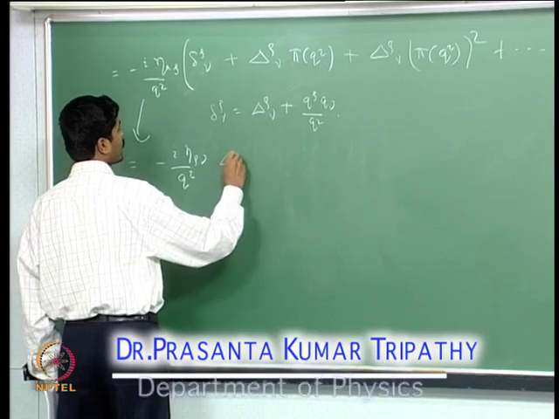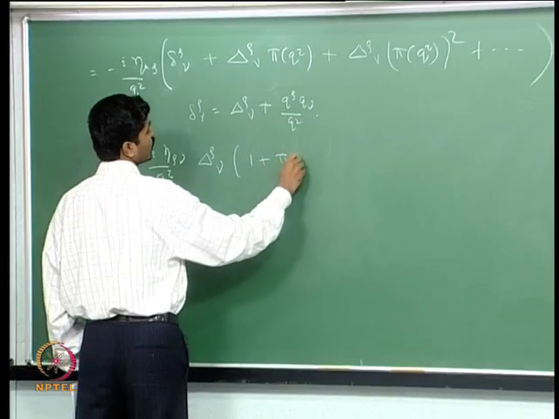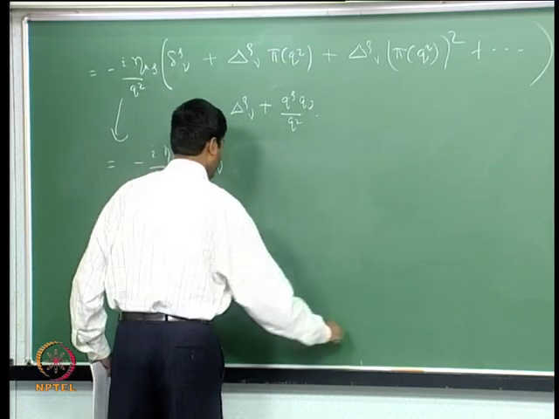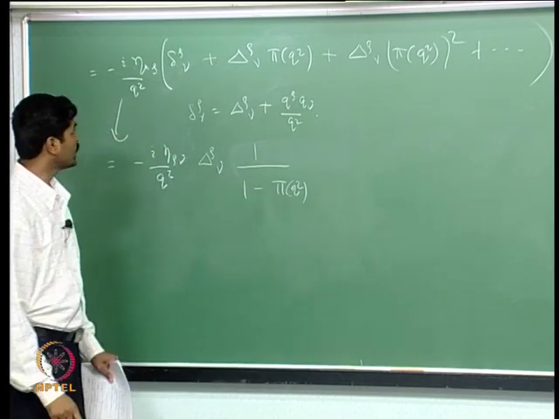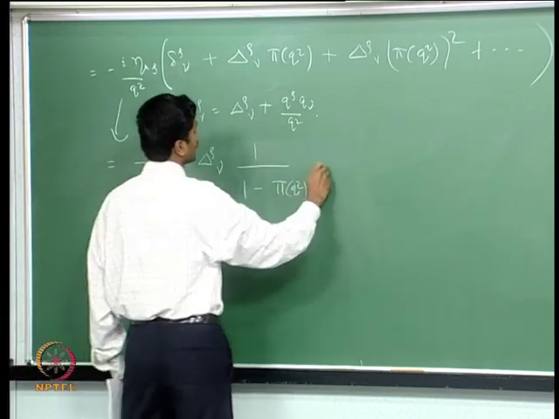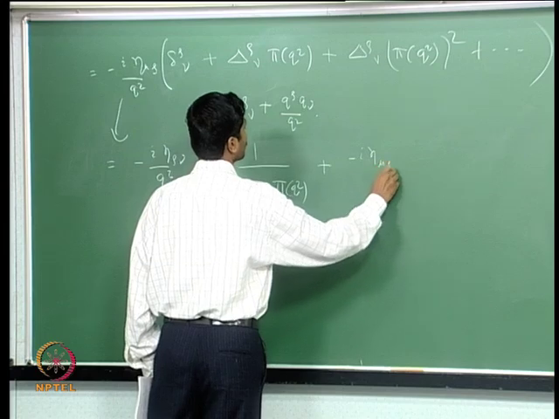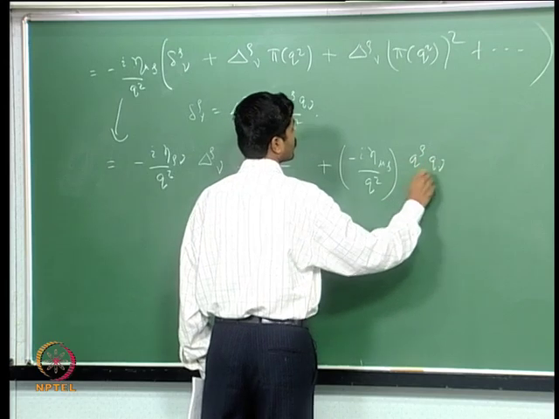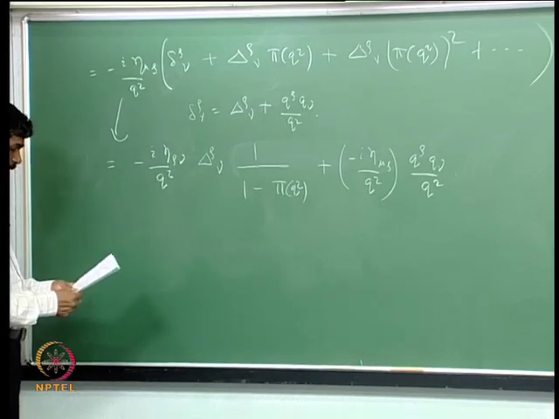So, I will get delta rho nu, and then whatever is left is a geometric series, it is 1 plus pi square and so on, which I will simply denote as 1 over 1 minus pi of q square. And finally, because I have a Kronecker delta here instead of this, I will get an additional term here, which is given by minus I eta mu rho divided by q square times q rho q nu divided by q square. This is what I am going to get at the end of the day.